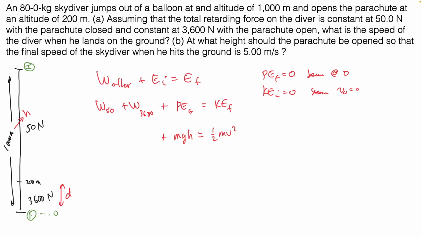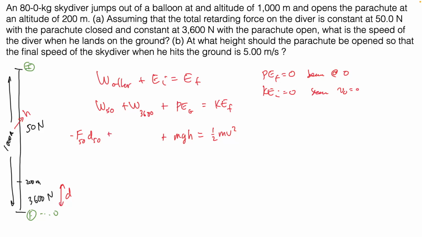So, what do you automatically know about the sign that goes on that work? Negative work. Okay? Air resistance acting up, object is going down. So it's going to be minus the 50 Newton force times the distance that the 50 Newton force goes.